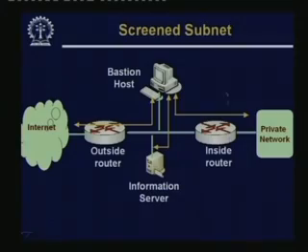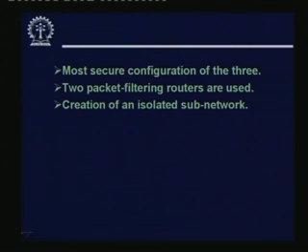Fine. So this is typically the most comprehensive version, where the firewall system comprises a pair of routers and a Bastion host. This is called the screened subnet kind of firewall. Now this is the most secure configuration of the three. Two packet filtering routers are used, and it creates an isolated subnetwork.